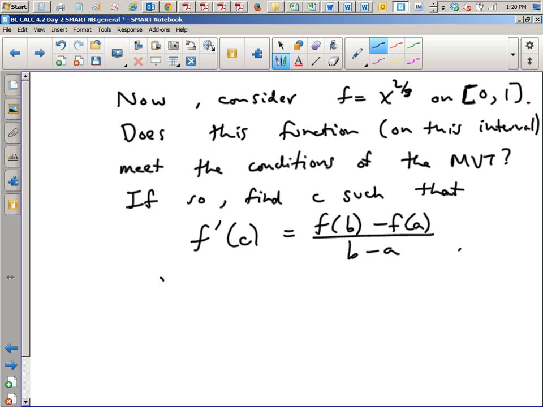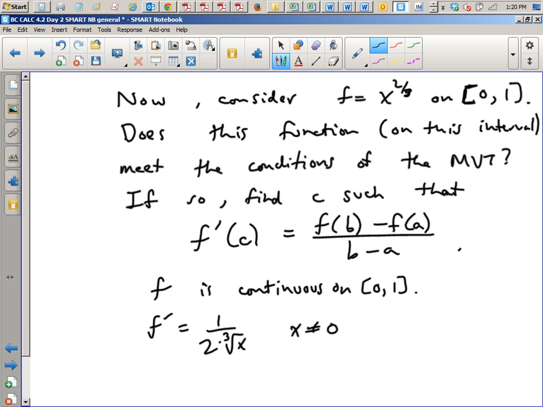So we already said that f has all real numbers domain, so just put f is continuous on 0, 1. If it was continuous on negative 1 to 1, it's certainly continuous on 0, 1, which is a subinterval of negative 1 to 1. Okay, notice that, remember, the derivative was 1 over 2 times the cube root of x. And x cannot be 0, remember that?